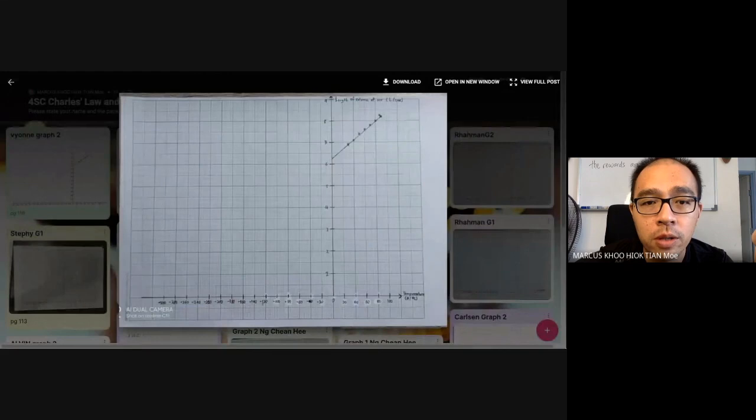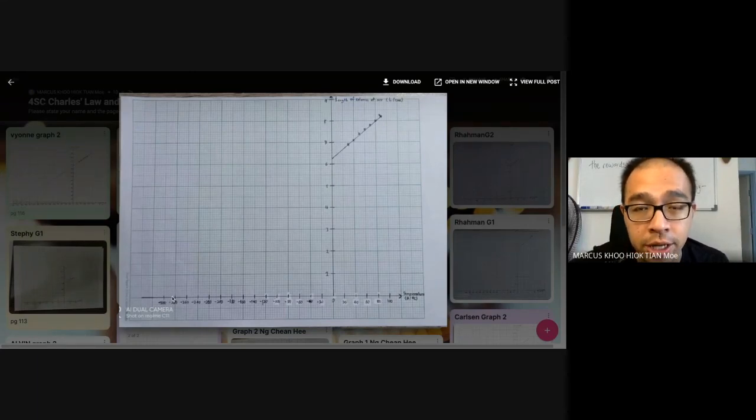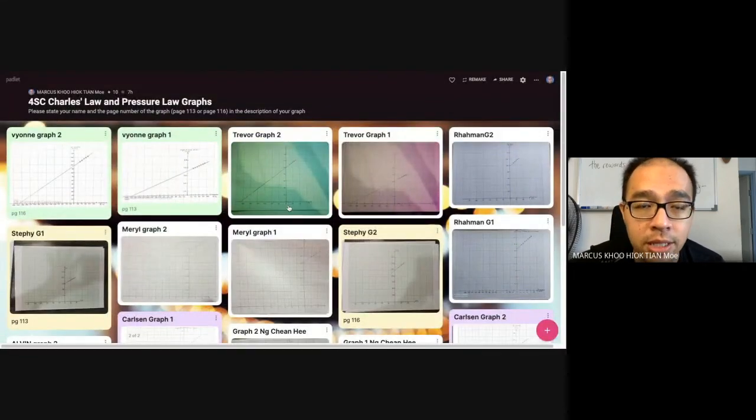I only want you to hand in a photo of this graph, length of column of air and temperature. So what you do is you extend all the way to the back over here and tell me what is the reading. It cannot be negative 273 because you don't have the scale for that. So whatever value that you got just now, for example, what is it? Trevor got 285.